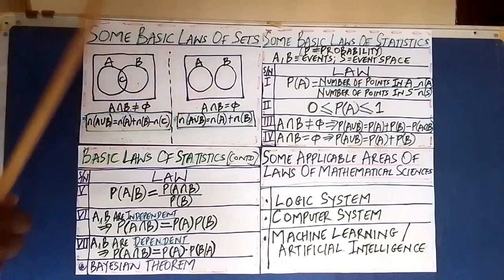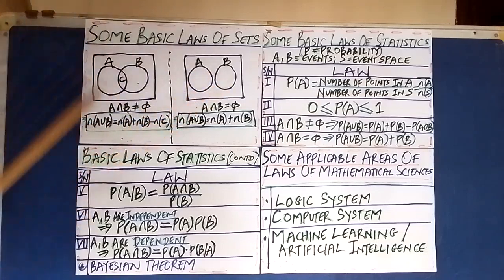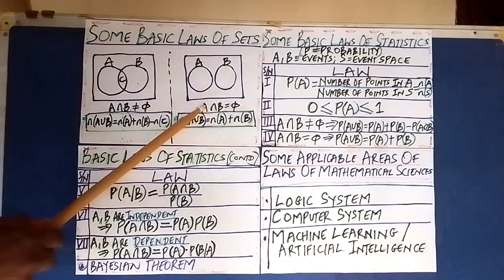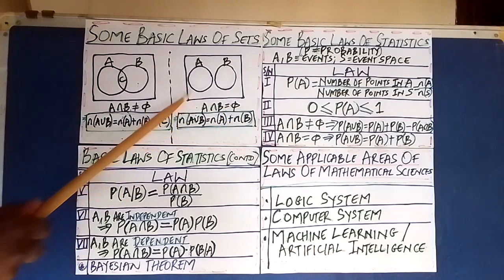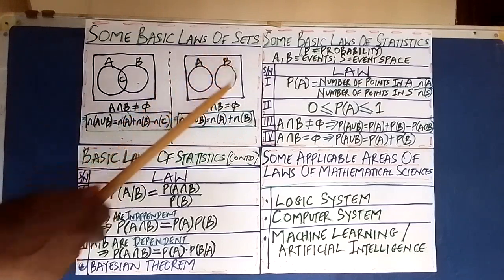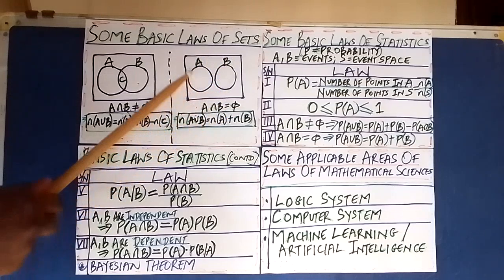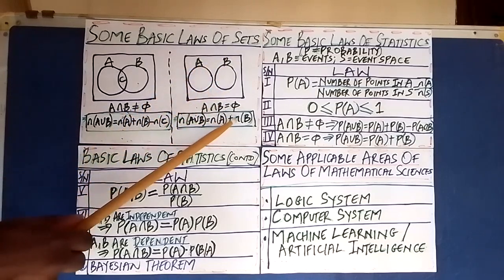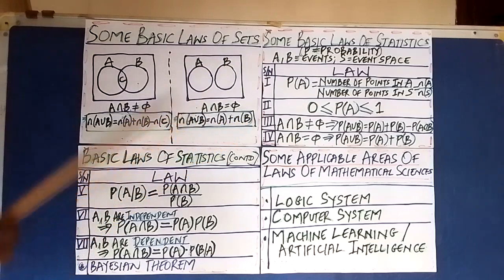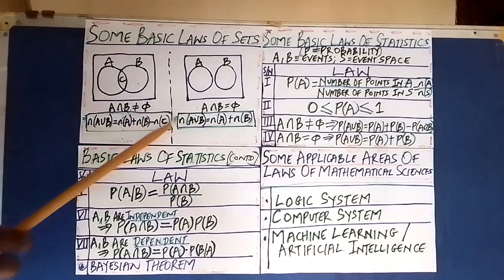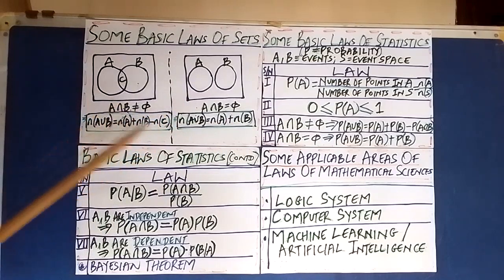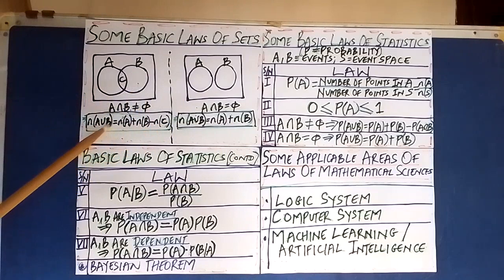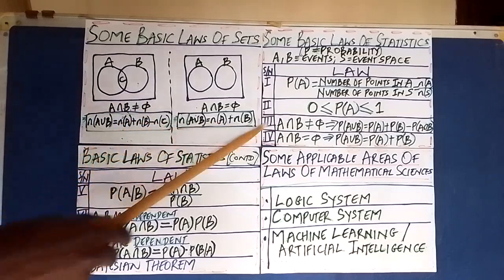So when this is the case, in which A and B don't have similar elements, the number of elements in A union B is equal to the number of elements in A plus the number of elements in B. Because in this case, this third element, N(C), will be 0. So if you look at the first diagram, the formula would have been N(A union B) is N(A) plus N(B) minus 0 here.